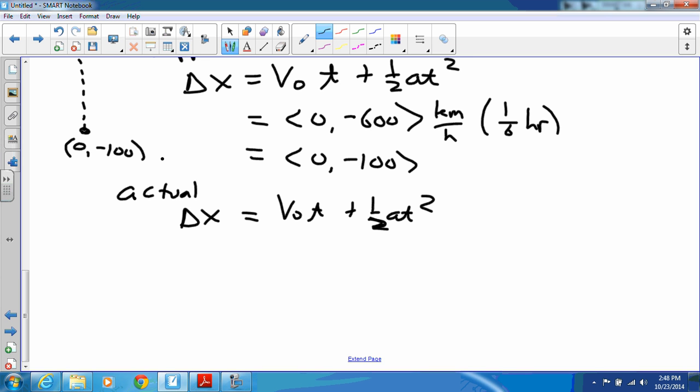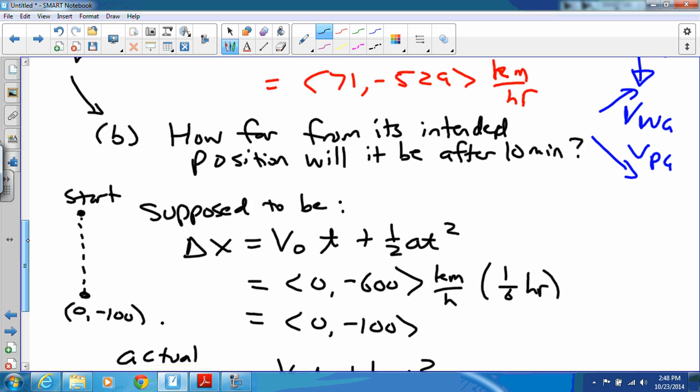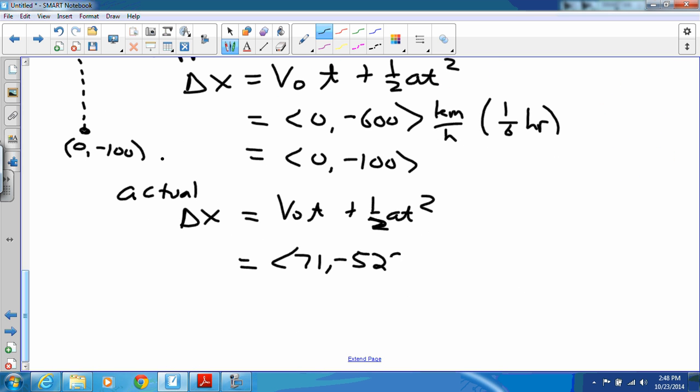Am I going to write the equation a second time? Yes, I am, because I need to practice. And that's -500 and 29, still times 1/6 of an hour.